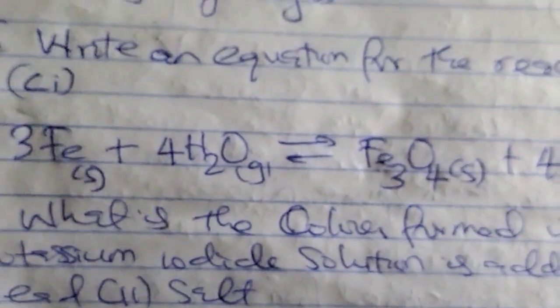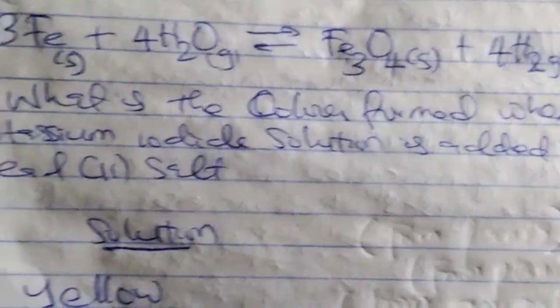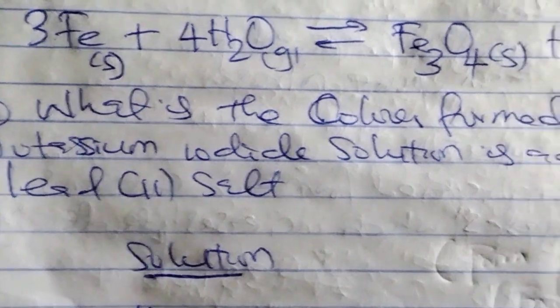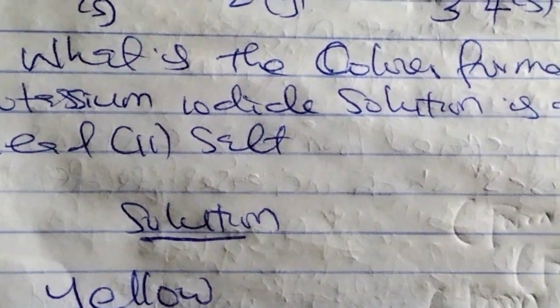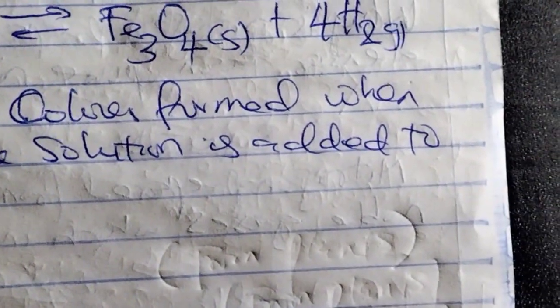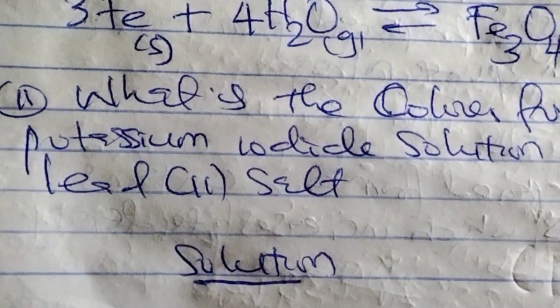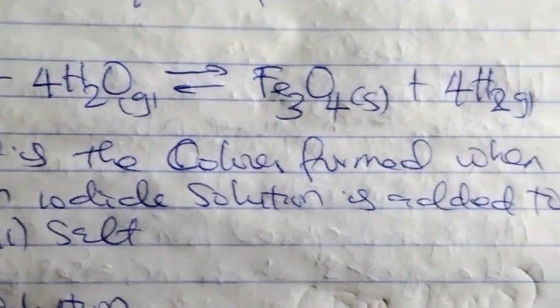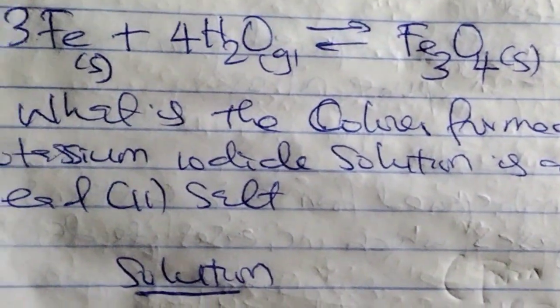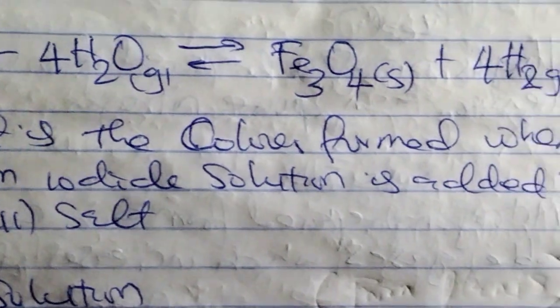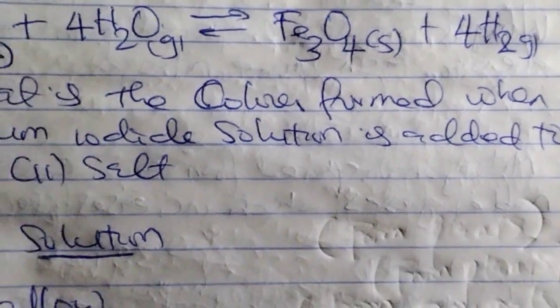So that's the balanced equation for the reaction. Then it says what is the color formed when potassium iodide solution is added to lead(II) salt.